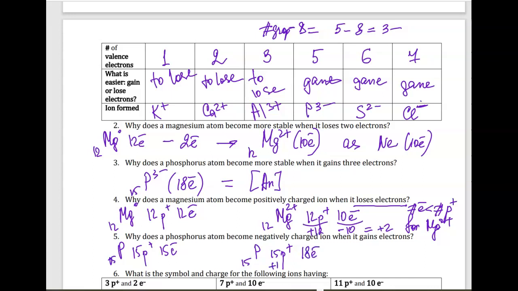So plus 15 will be the charge for 15 protons, and minus 18 will be the charge for 18 electrons, and the sum will be 3 negative. So we can see that the number of protons will be less than the number of electrons because phosphorus is gaining electrons, okay?